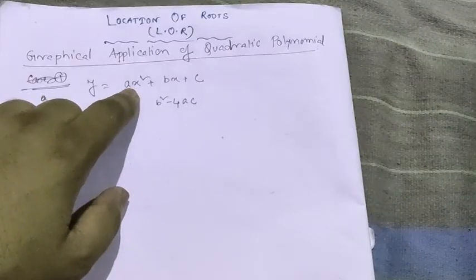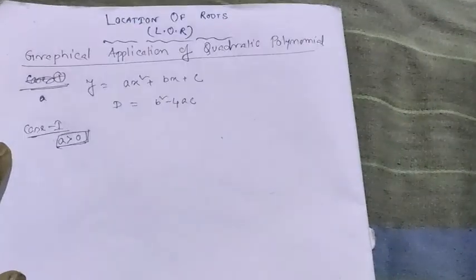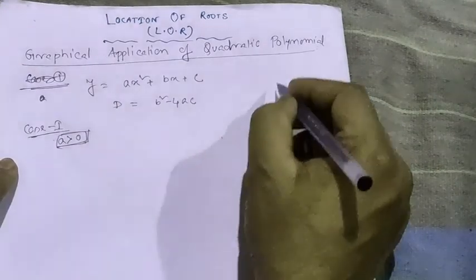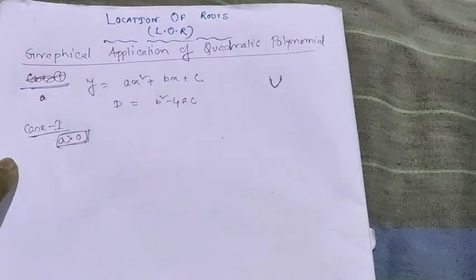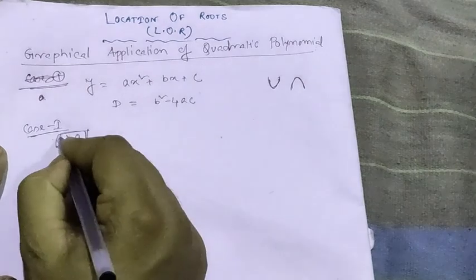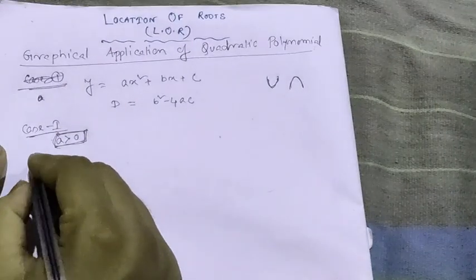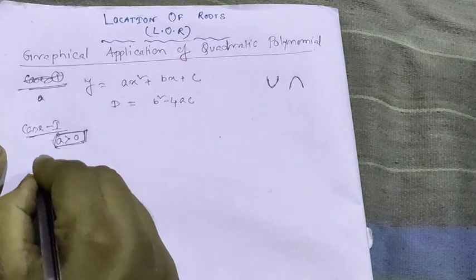So if a is greater than 0, the quadratic will be in the upward direction, that is this type. If a is less than 0, it will be in the downward direction. So depending on a, there are 3 cases on d. First case, I take d greater than 0.